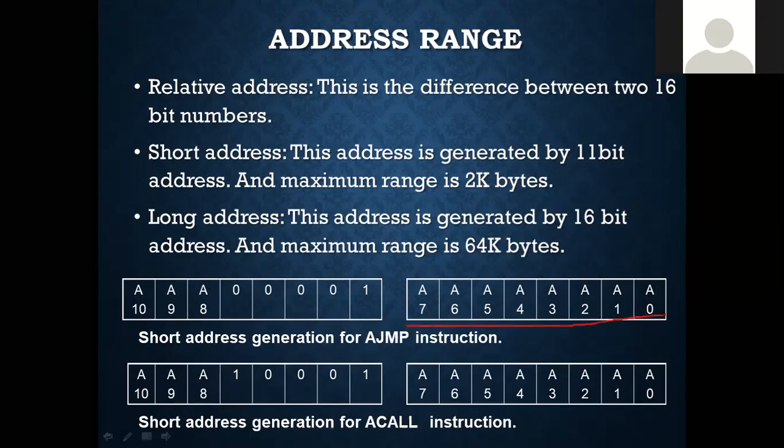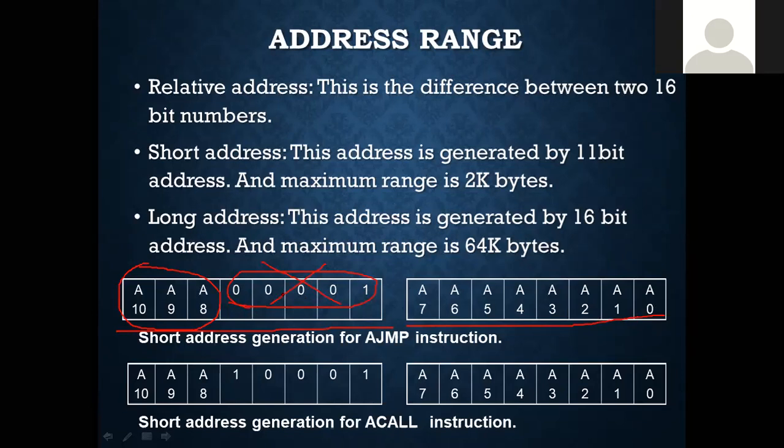Okay, clear? And in the upper byte only 3 bits will be calculated. These 5 bits will not be counted; by default the manufacturer has designed the lower 5 bits of the upper byte as fixed, no change.